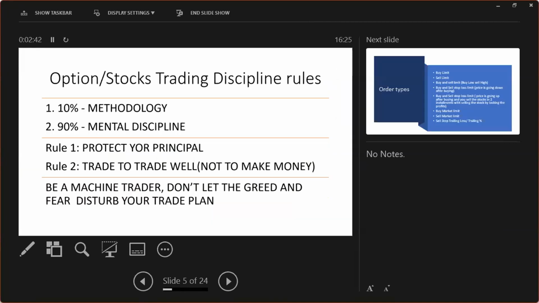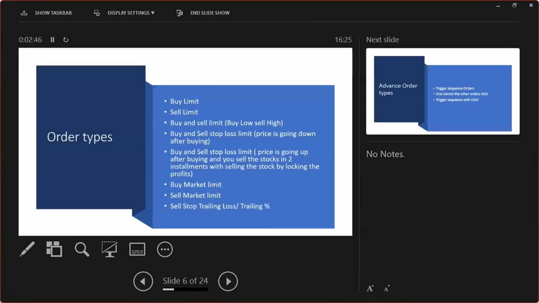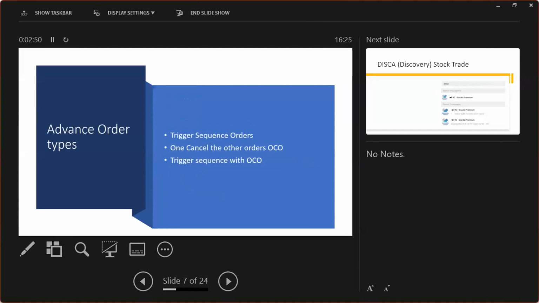I don't want to go too much into theory here. These are the basic order types, and I'm sure you all know them. I wanted to execute something which is an advanced order. So first is the trigger sequence order. What is a trigger sequence order? Let's say Apple stock: you want to buy it at $160 and immediately sell it at $180.